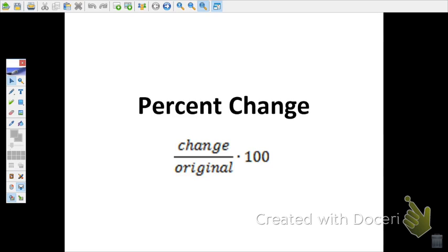And then we are going to multiply that by 100. Multiplying it by 100 is going to then change it to a percent. So by multiplying by 100, it will move the decimal for you and give you that percentage amount.